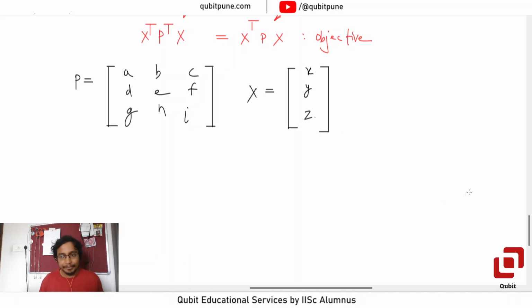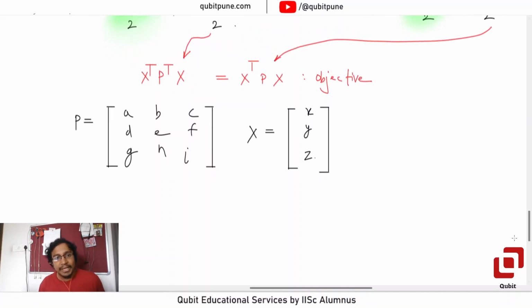Okay, now tell me, will you be able to find X transposed P transposed X? Can you find this? Yes, sir.